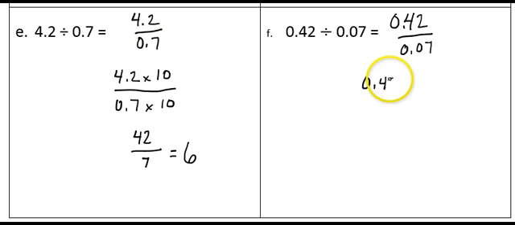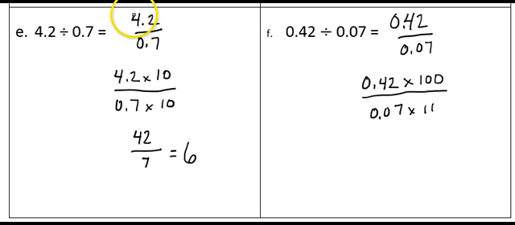So I'll take 42 hundredths times 100, and I'll take 7 hundredths times 100. Since I'm multiplying by 100, each digit will move two place values to the left. So 42 hundredths becomes 42, and 7 hundredths becomes 7.